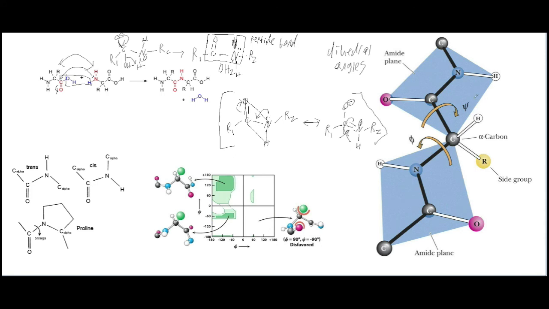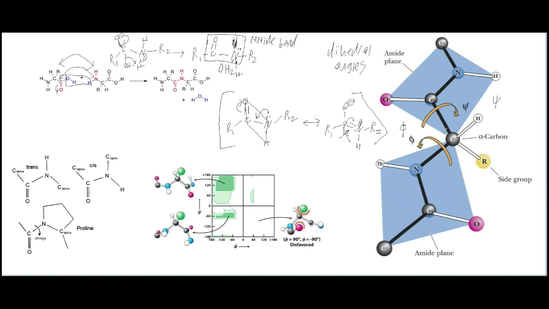And so we have the psi angle and the phi angle here. The phi angle is the one that points towards the nitrogen on the amino acid, and the psi angle is the one that points towards the carbon double bond to oxygen.